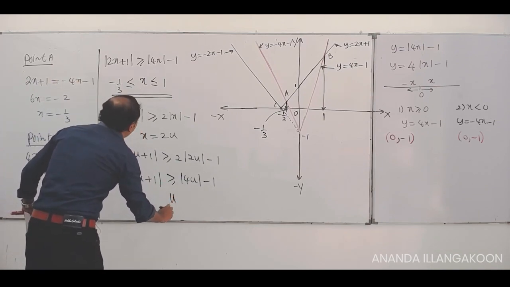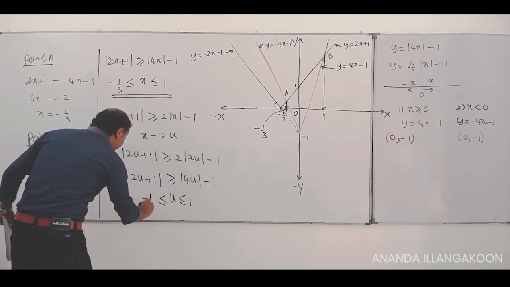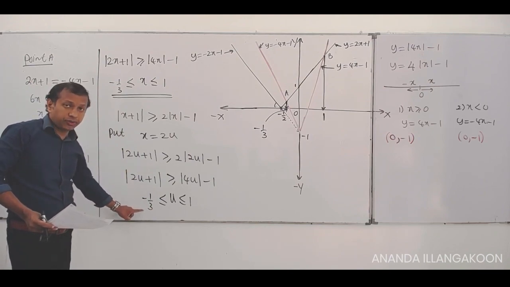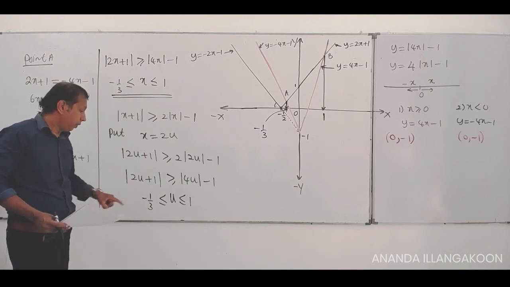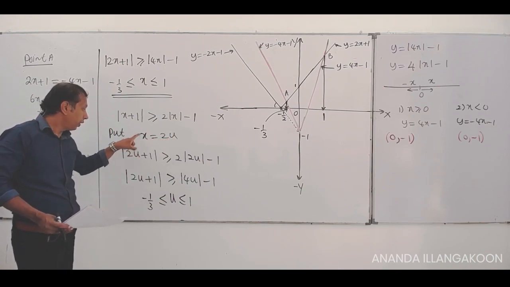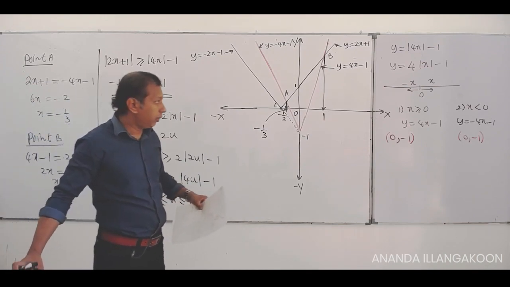So for this one I can write the answer using this: u less than or equal to 1 and greater than or equal to minus 1/3. I wrote the answer this way by using the earlier answer, but here it is u. What is u? Bring this 2 here, u equals x by 2. Then substitute for u, x by 2, and you get that answer.